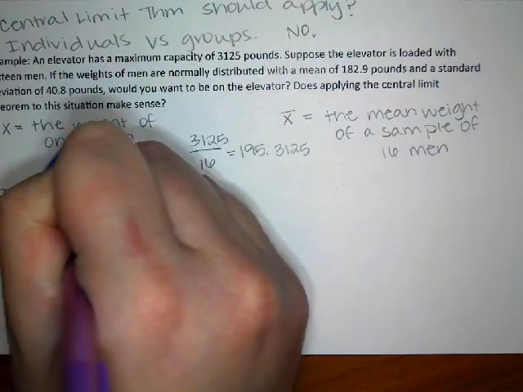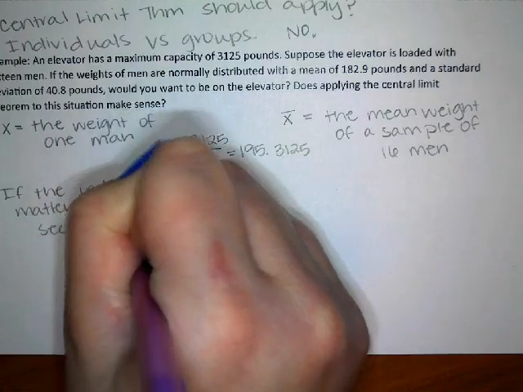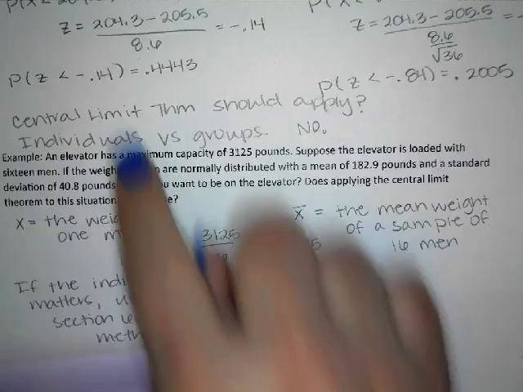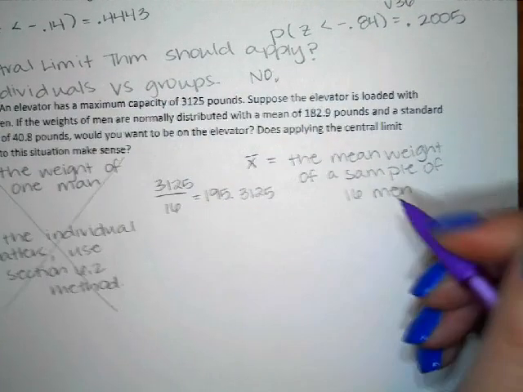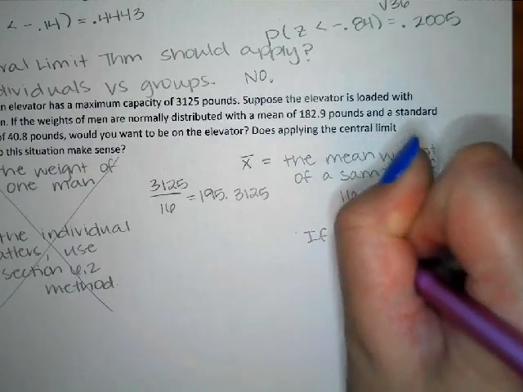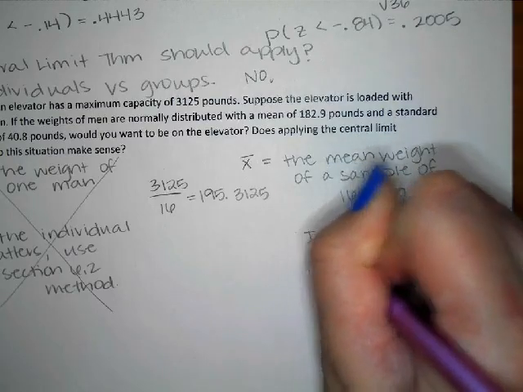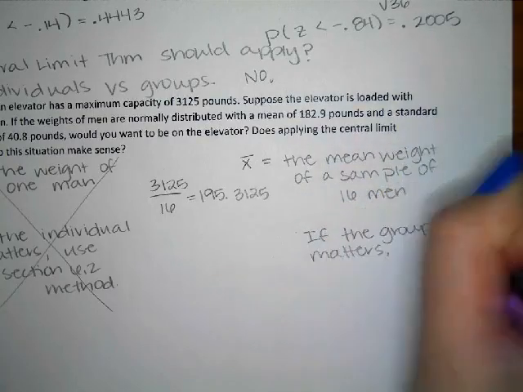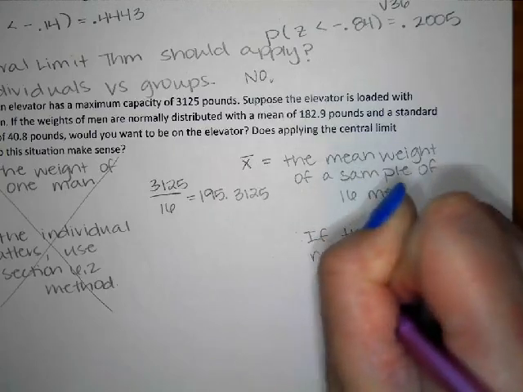And this is exactly what we did up here. They are not the one that matters in this case, so we're going to cross that out. If the group matters, use the central limit theorem. And I'm going to put a check there, because that's what we're going to do.